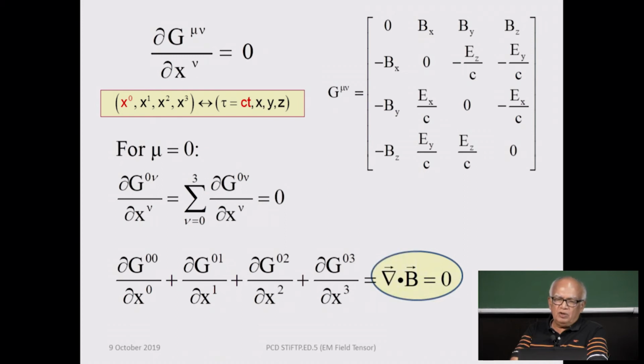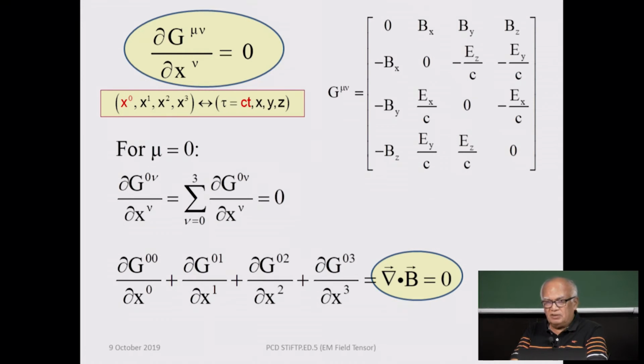For mu equal to 0 you get divergence of B equal to 0. This was one of the equations which was missing. We got 2 out of the 4 earlier. Now we have the divergence of B, so we have recovered that, and that is contained in this equation del G mu nu over del x nu equal to 0.